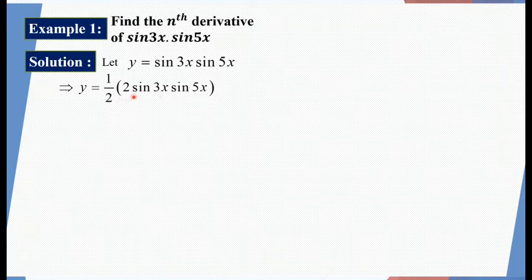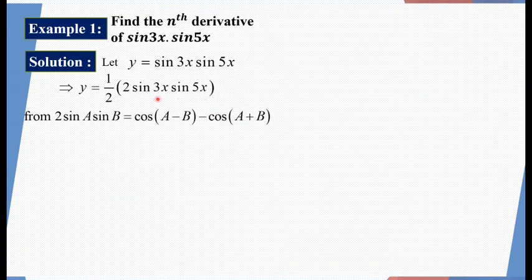Now it is in the form 2 sin A sin B. The formula of 2 sin A sin B is cos(A minus B) minus cos(A plus B). So when we apply this formula, it will be cos(3x minus 5x), so cos(minus 2x), and cos(minus theta) is always cos theta. So it will be cos 2x minus cos 8x.